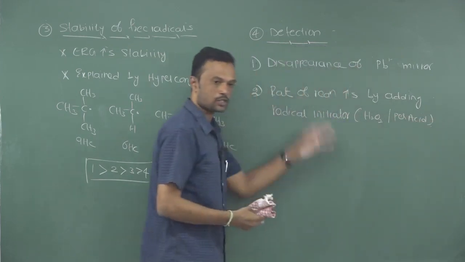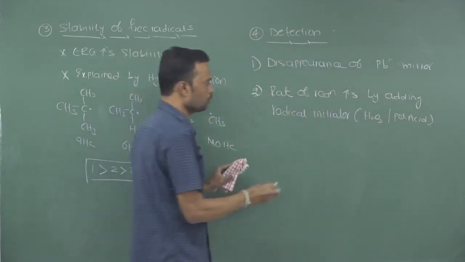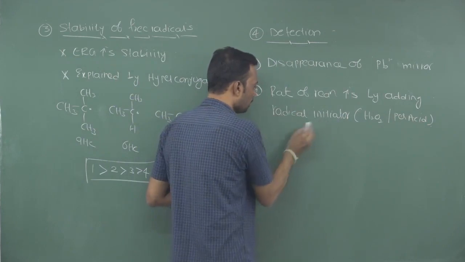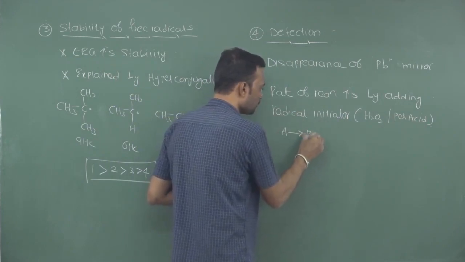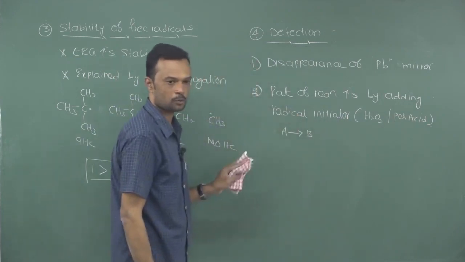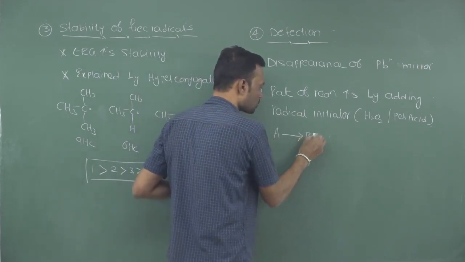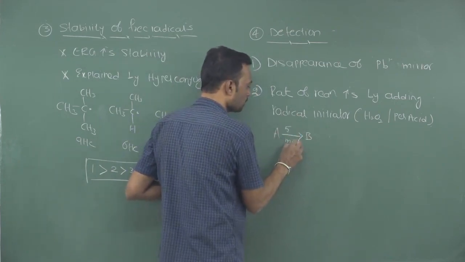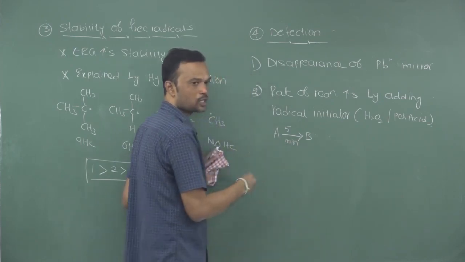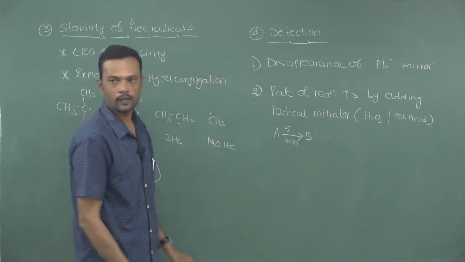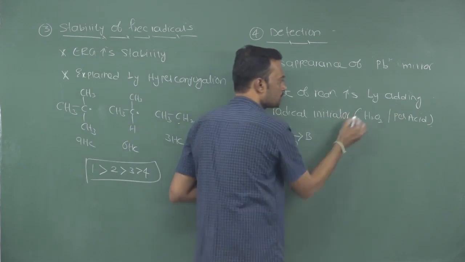Suppose one reaction is progressing, A gives rise to B. Now it is completed within 5 minutes. Now I want to know whether it proceeds with a radical mechanism or not. Suddenly I add a peroxide.